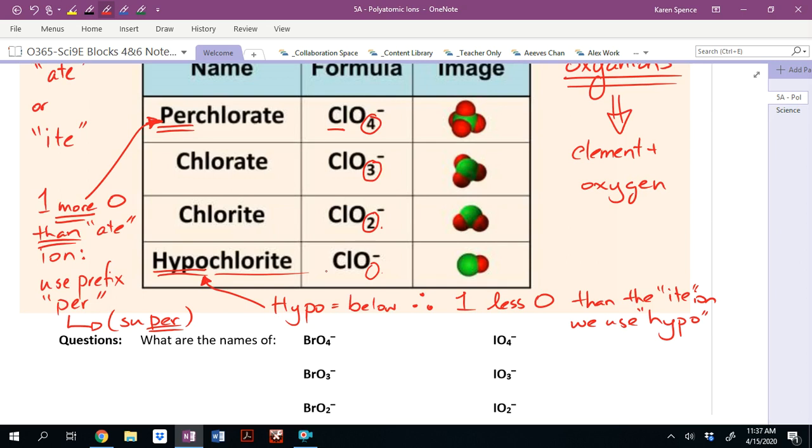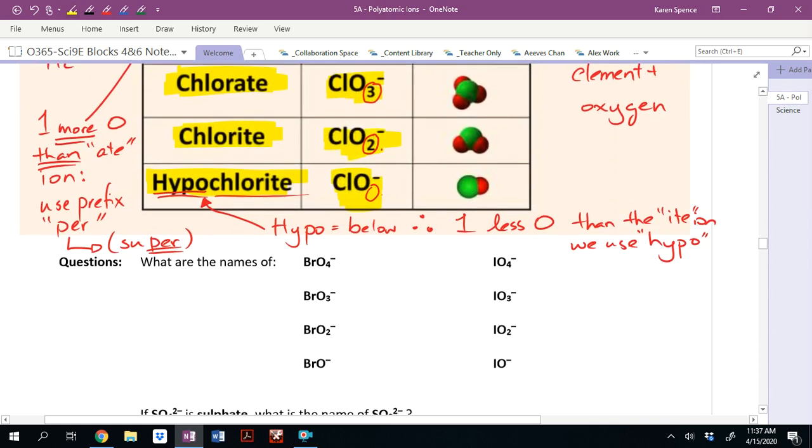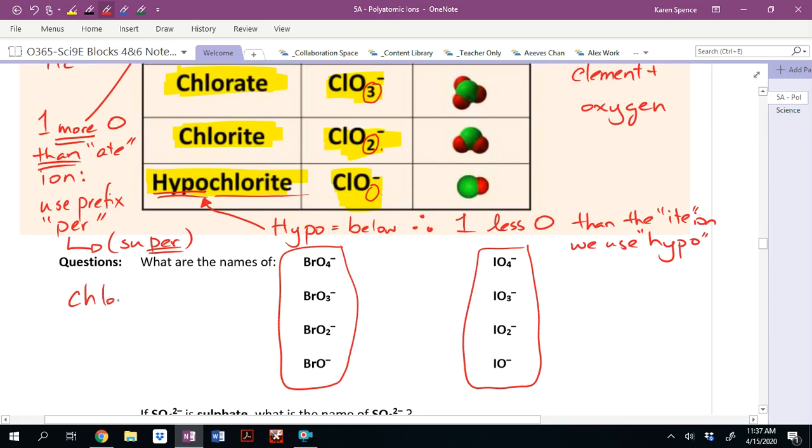You are now going to use these names and formulas as a pattern to name these ions down here. And you'll notice that I have given you bromine-based oxyanions.